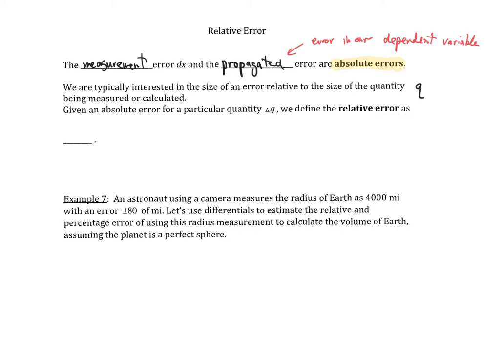That's going to be the delta Q, which is the error, divided by the total quantity, right? So this is the error divided by the total quantity.